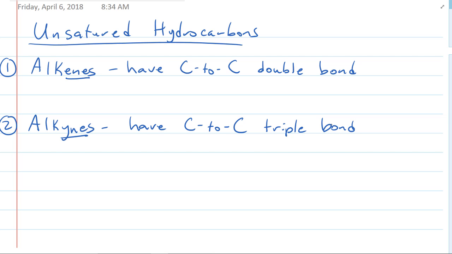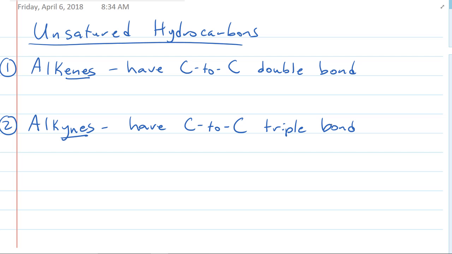But since we did start the class today talking about the fact that unsaturated hydrocarbons aren't saturated with hydrogen, notice what happens here if we take these that have the carbon-carbon double bonds or triple bonds. If we have a double bond, if we open this up, how many more hydrogens can we fit in here? 2 more.